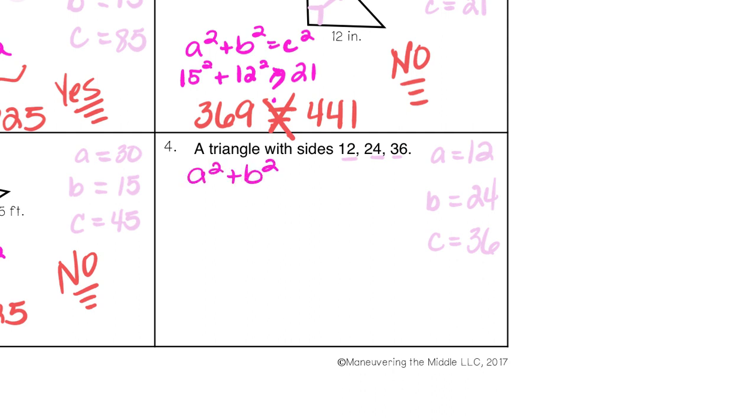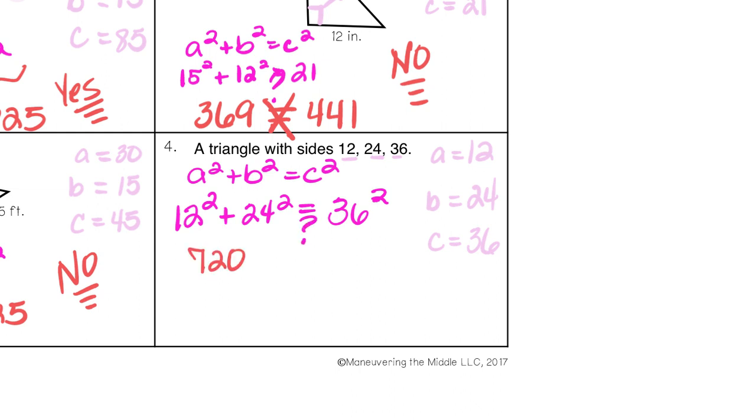So A squared plus B squared equals C squared: 12 squared plus 24 squared, we want to know if that is equal to 36 squared. 12 squared plus 24 squared is 720, while 36 squared is 1,296. So in this case, this would also be a no.